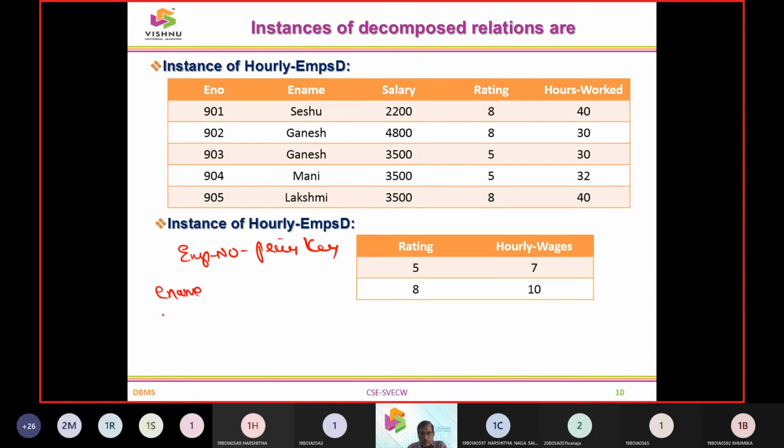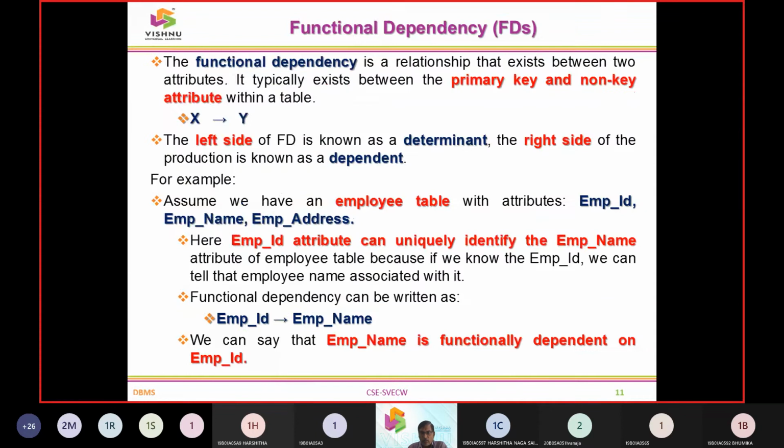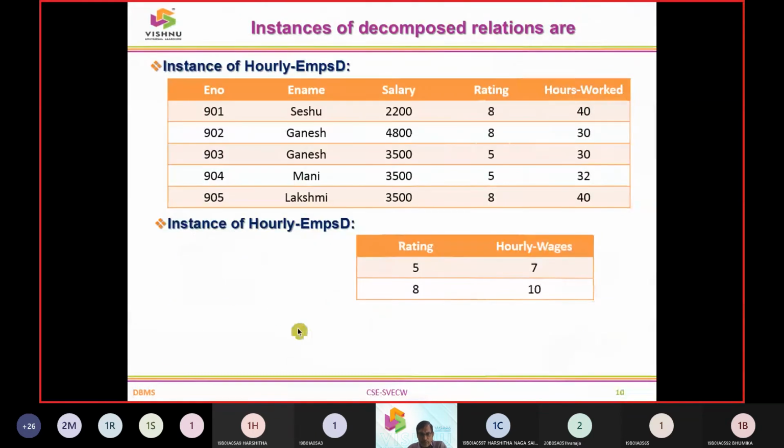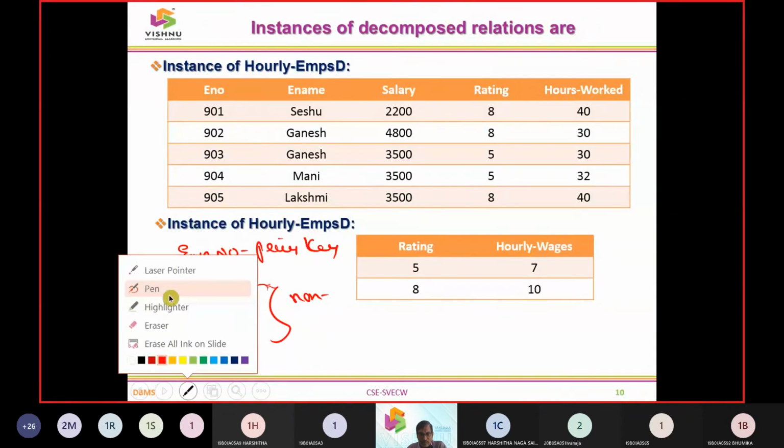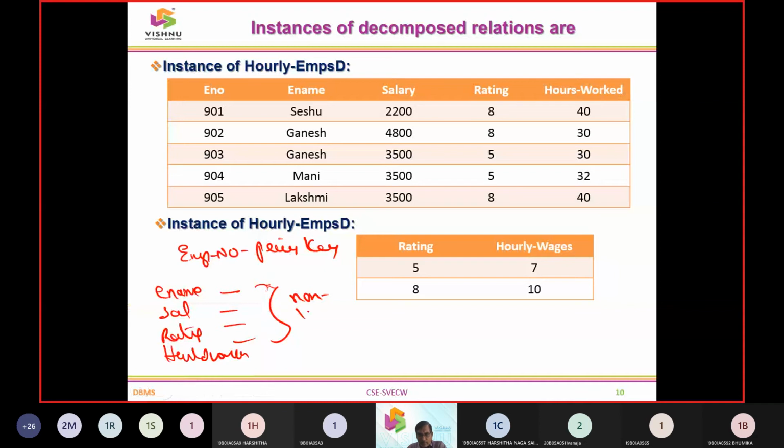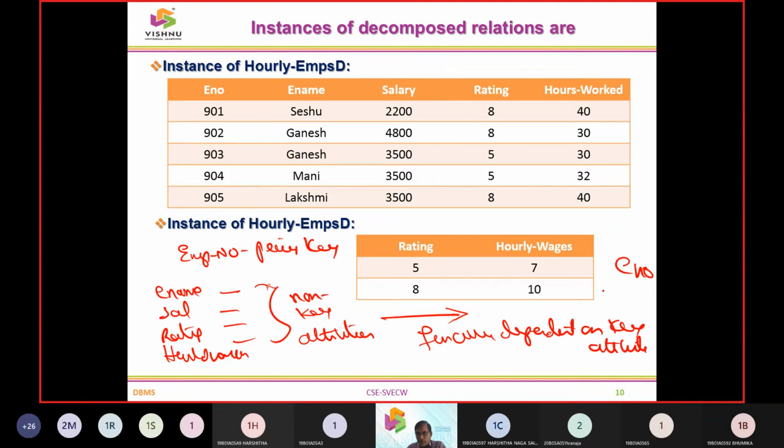Employee name, salary, rating, hours worked, these items we call non-key attributes. These non-key attributes are functionally dependent on the key attribute.